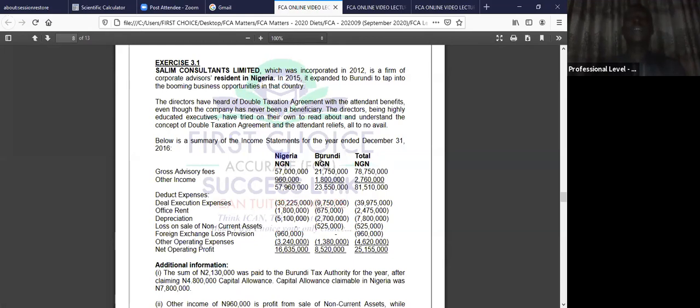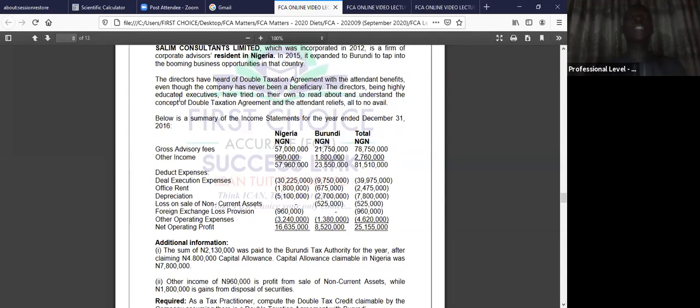Burundi represents only the activities done in Burundi. What about this total? This total is a consolidation of Nigeria and Burundi. When we consolidate them, who will have the consolidation, Nigeria or Burundi? It's going to be Nigeria, because it is resident in Nigeria. So this total represents Nigeria.